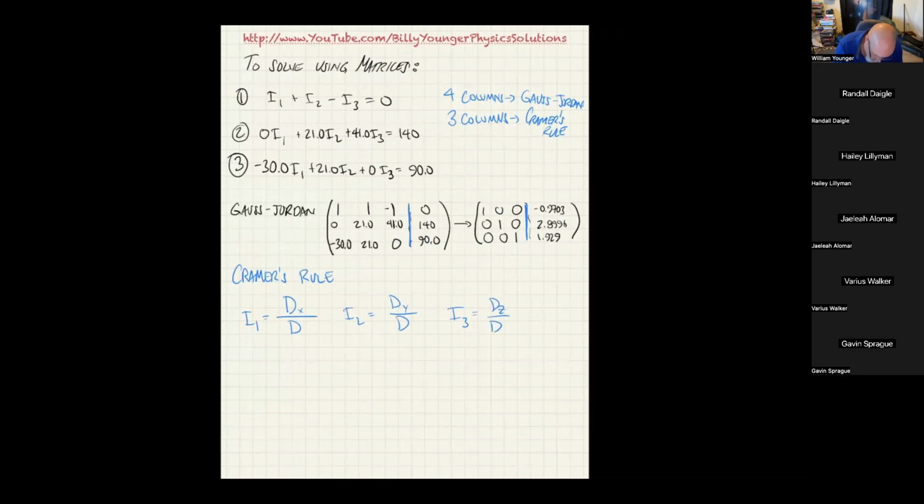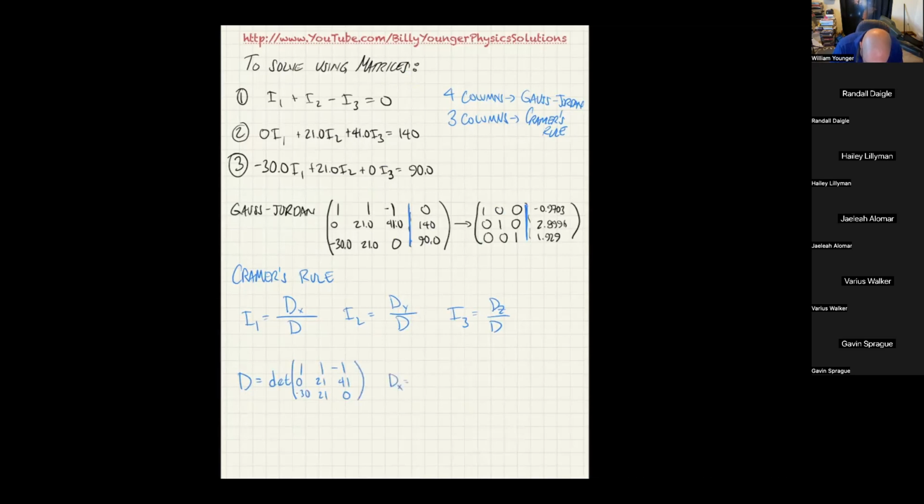Technically, d means the determinant of the following matrix, which in this case is the matrix of the equations: 1, 1, negative 1, 0, 21, 41, and negative 30, 21, 0.